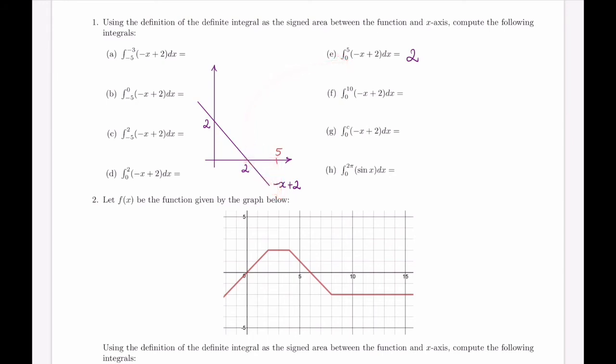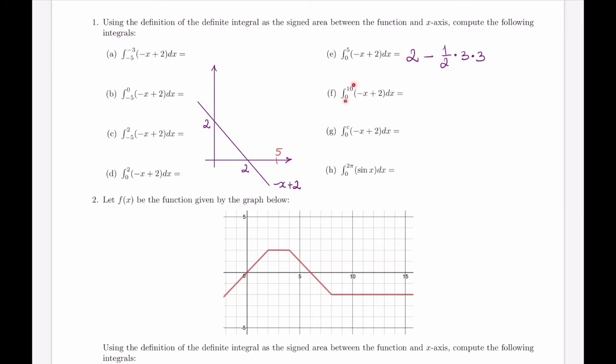So here I will have to subtract half of base times height. What is my base? What is my height? Well, my base is this length, which is 3. And my height is, if I plug in 5 into my function, -5 plus 2, which is -3. But if I've already accounted for it being negative, my minus is already included. So these are going to be my total calculations here.